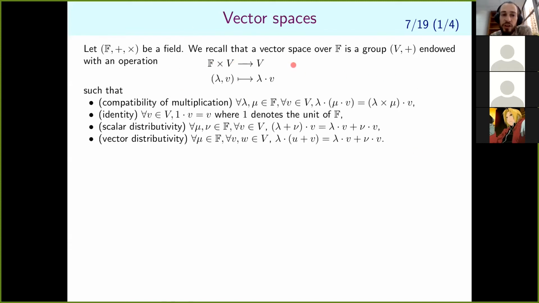And this operation has to satisfy 4 axioms. It has to be compatible with the plus operation on the initial group V. Let's not read the axioms.